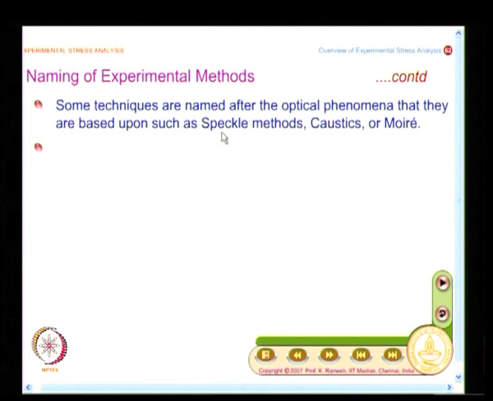Similarly, wherever you use speckles, speckles are formed on the diffusely reflecting surface, or specularly reflecting surface, you qualify the surface. And when you use those, you call those methods speckle methods, and when we go to digital image correlation, it uses white light speckle, but you call it by a different approach.